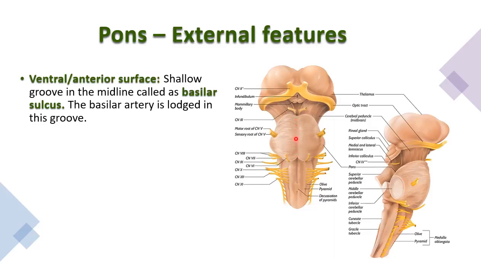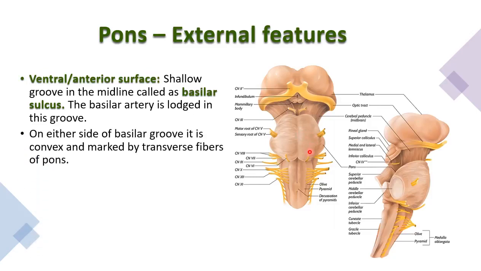The basilar artery, formed by the union of the two vertebral arteries, is lodged in this groove, and on either side you see the transverse fibers of the pons.